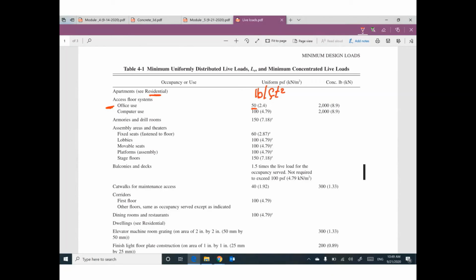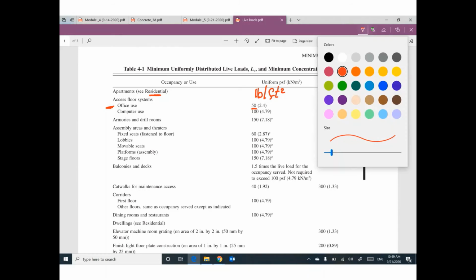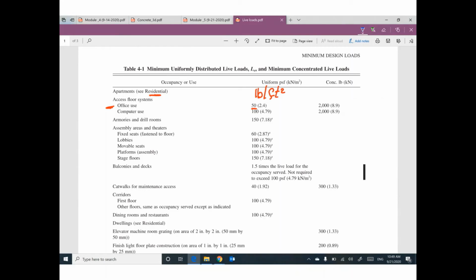For example, if your building is a theater, a lobby in a theater, you are talking about a slab that can be used as a lobby in a theater. That means the live load will be 100. We can expect too many people.